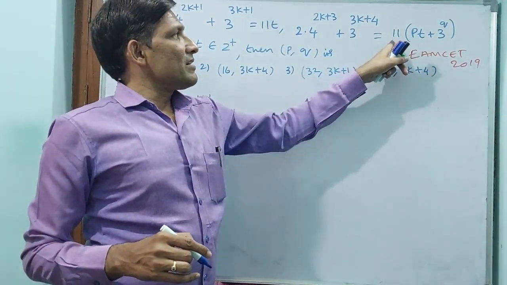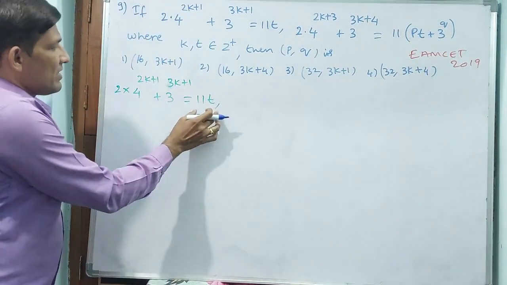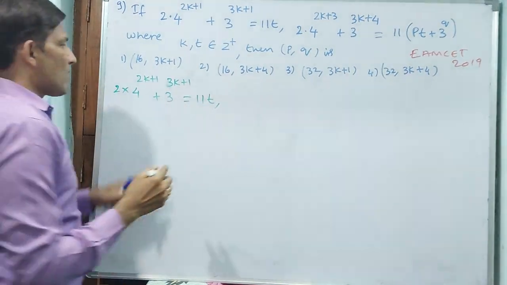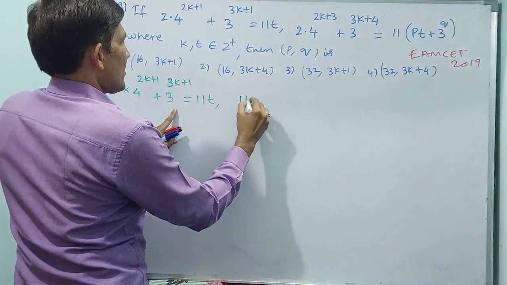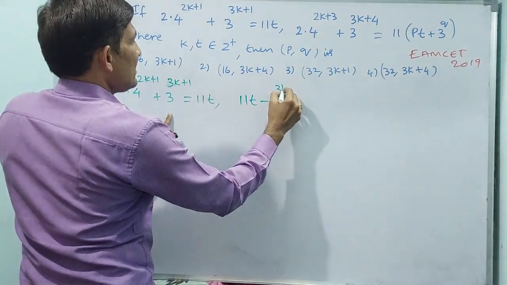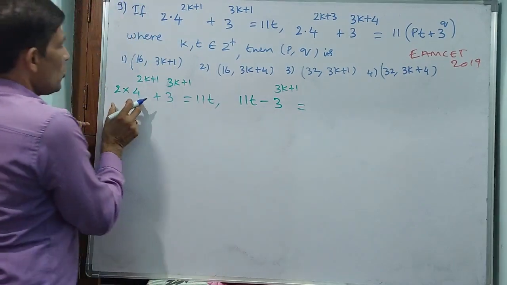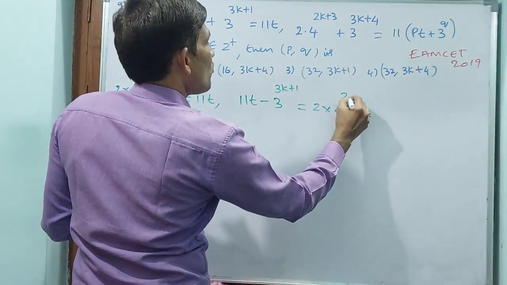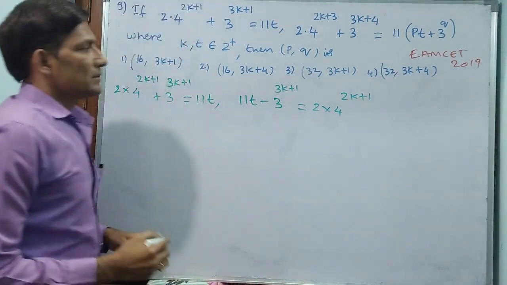That means 11 is there, plus 3 power I want to make. Then 11t minus 3 power 3k plus 1 is equal to 2 into 4 power 2k plus 1. Is it okay?